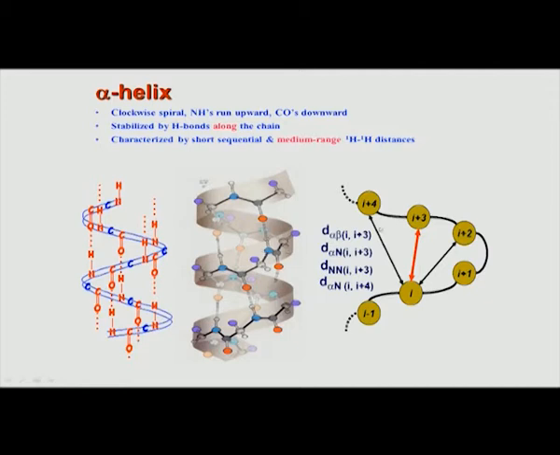So, what is an NOE? This is what is shown here. Suppose this is a part of an alpha helix, and the helix runs like this. Here I is a residue number.